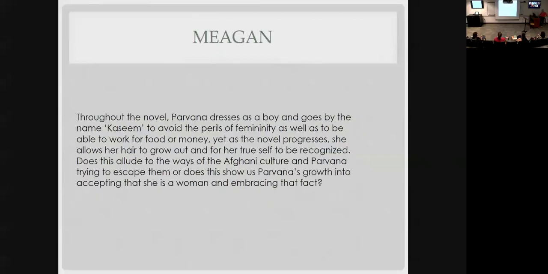Megan, here you are. Throughout the novel, Parvana dresses as a boy and goes by the name Kasim to avoid the perils of femininity as well as to be able to work for food or money. Yet as the novel progresses, she allows her hair to grow out and for her true self to be recognized. Does this allude to the ways of the Afghani culture and Parvana trying to escape them, or does this show us Parvana's growth into an accepting child, that she is a woman and embracing that fact?